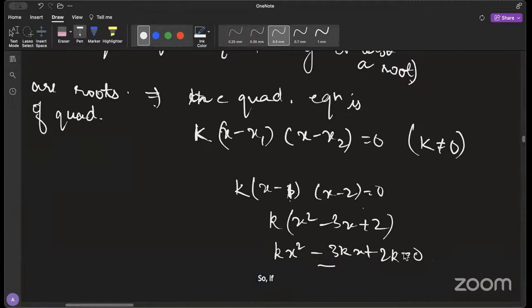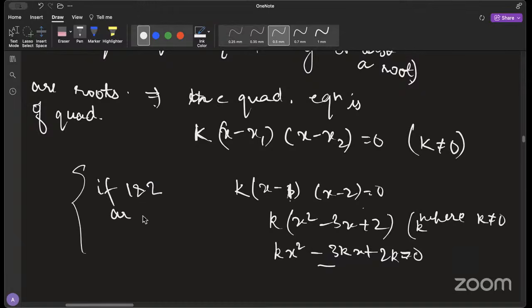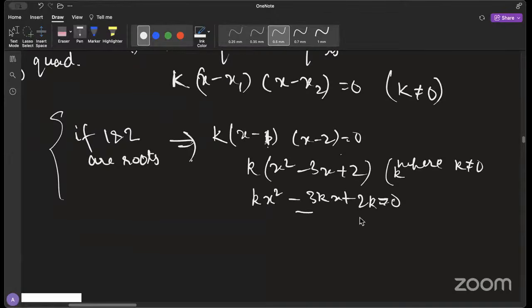So if you take k non-zero, then the equation will be this.